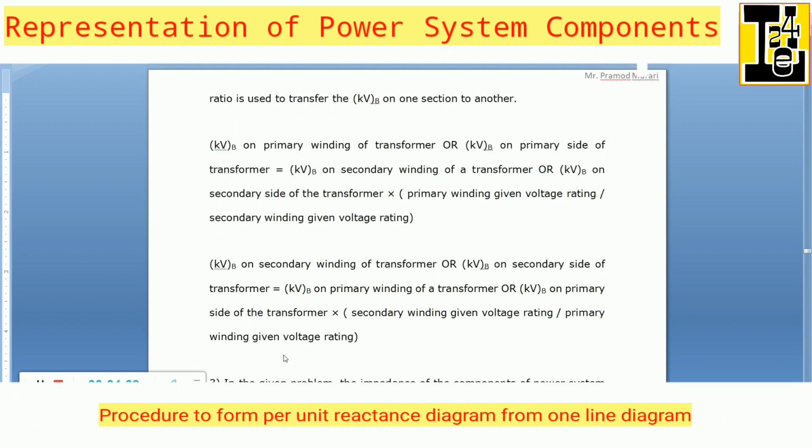So this is how we transform the voltage base from one section to another section by means of the transformer voltage ratio.